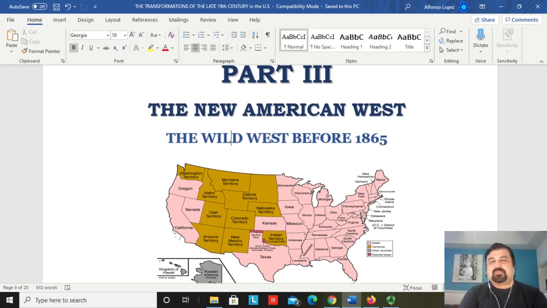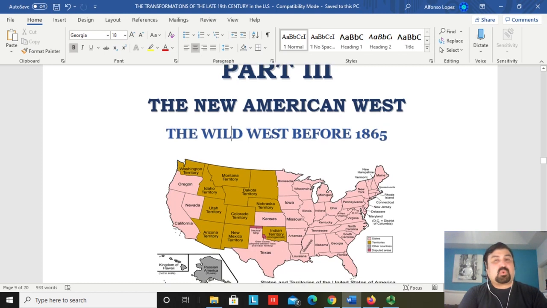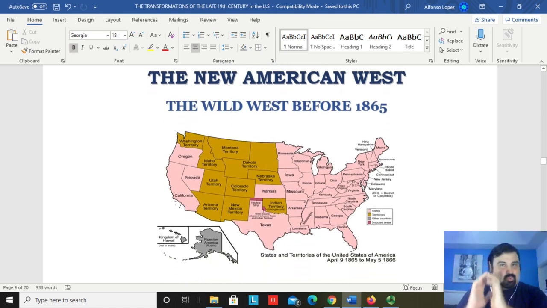Okay, so again, this is the map. This just shows you specifically the region that underwent transformations as Americans are moving there, particularly after 1865. At the end of the Civil War, Americans are going to be moving there by the millions into this region and transforming nature, transforming the landscape, and they're going to, quote unquote, civilize it.